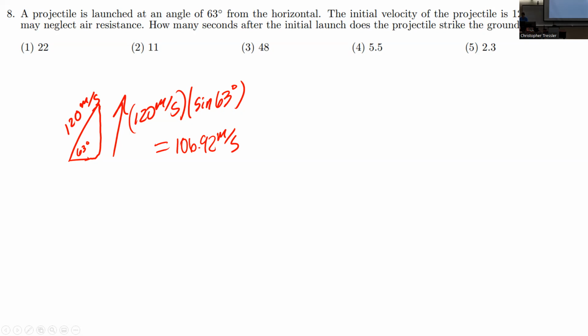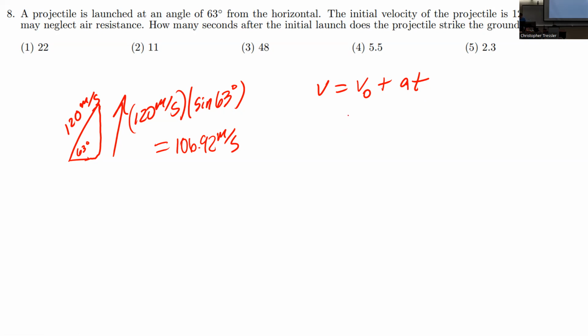The issue is that we don't have the change in distance. We only have the speed. So what if we tried this? Does velocity equal velocity initial plus acceleration times time? Perhaps this would work.